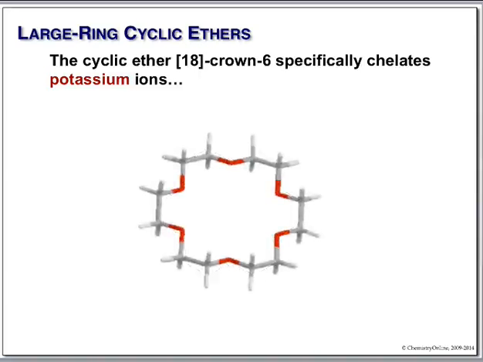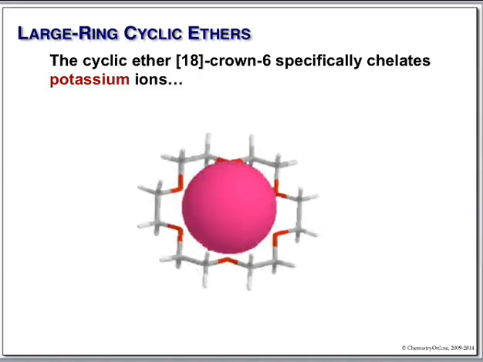Again, we have all of our oxygens pointing in the middle. Now remember, the oxygens are Lewis bases, aren't they? They have these electron pairs sticking out, and because of that, they can interact with this metal ion. So when we stick the potassium in the middle, it's actually chelated by all of these oxygens.